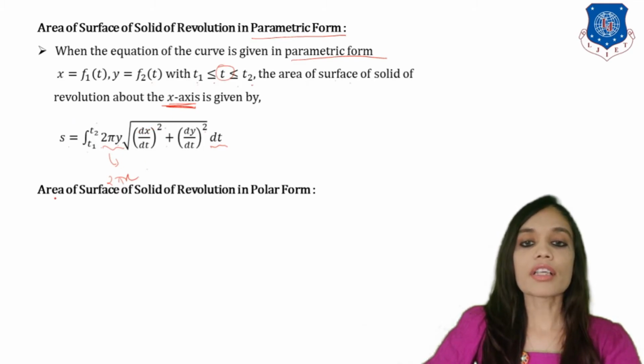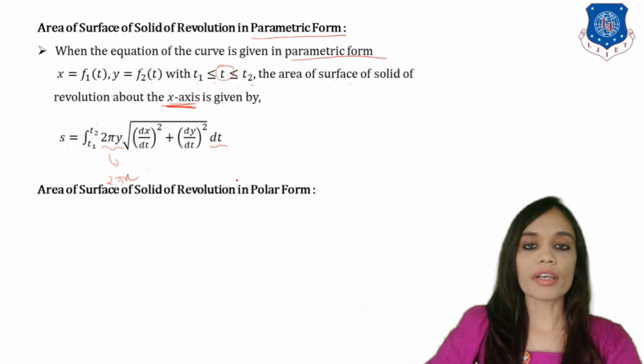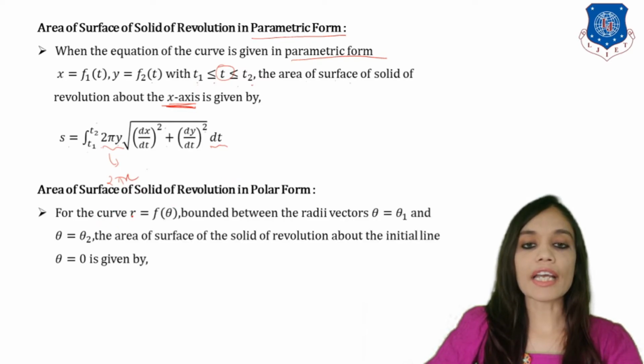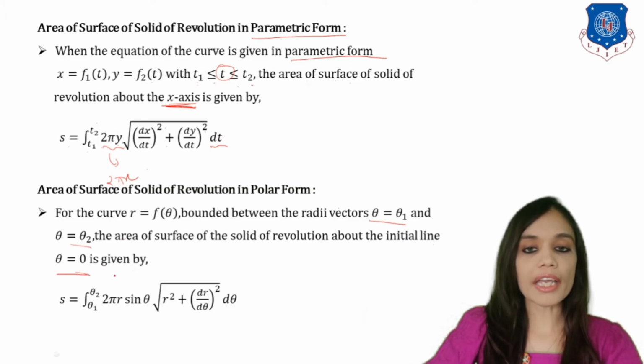Now let us study the area of the surface of solid of revolution in polar form. For the curve r = f(theta) bounded between the radii vectors theta = theta 1 and theta = theta 2, the area of the surface of solid of revolution about the initial line theta = 0 is given by S = integration from theta 1 to theta 2 of 2 pi r sine theta times the square root of r^2 + (dr/d theta)^2 d theta.